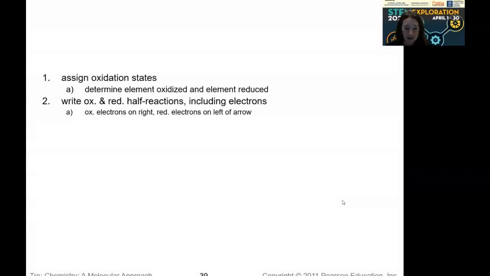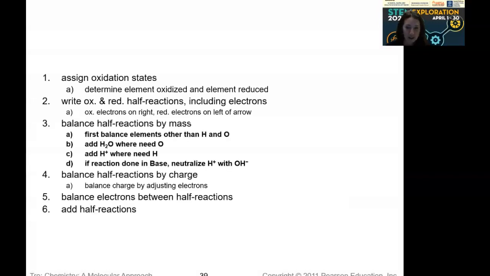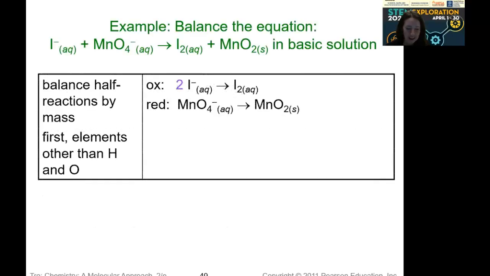The next thing we did, balance everything but H and O. So we added a 2 in front of our I. Our next step is to balance O's with water. 4 oxygens here, 2 oxygens here. So we're going to have to add 2 waters. So now we have 4 waters on each side.